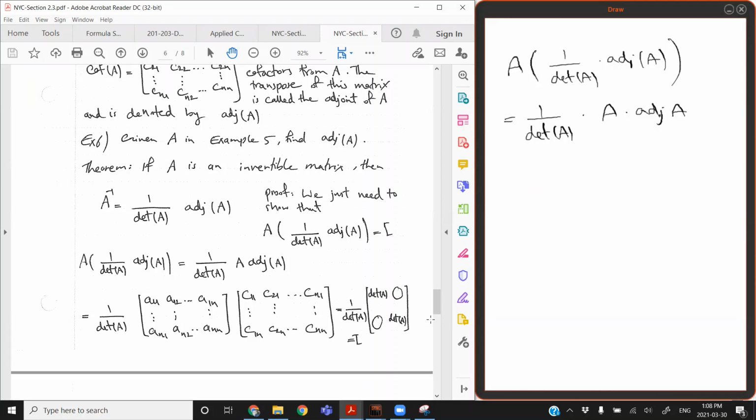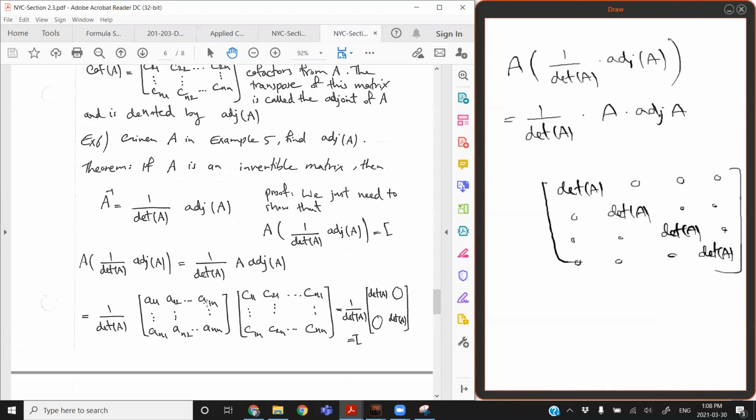So for example, if it's 4 by 4, I'll get determinant of A, 0, 0, 0, 0, determinant of A, 0, 0, 0, 0, determinant of A, 0, and then 0, 0, 0, determinant of A. Why is that? Because for any entry on the main diagonal, I am multiplying entries from a certain row by the corresponding cofactors.